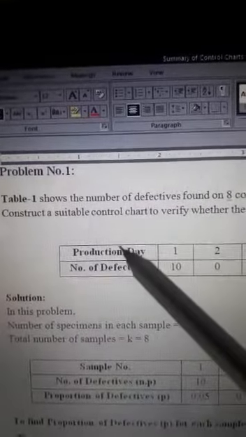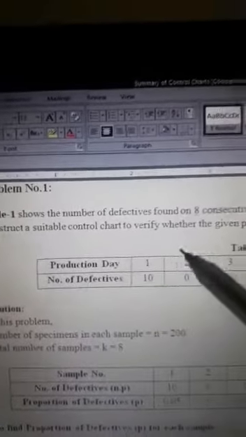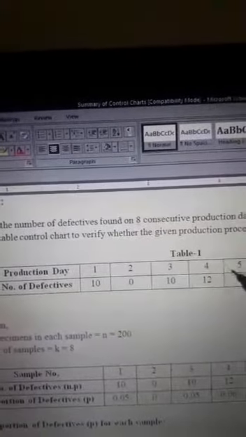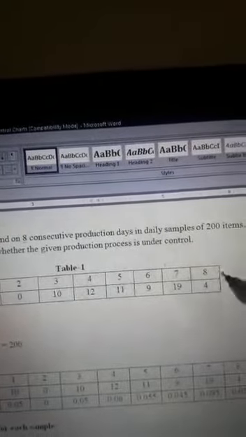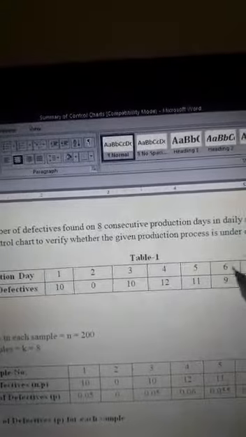So these are nothing but sample numbers: sample number 1, 2, 3, 4, 5, 6, 7 and 8. That's why they have told 8 consecutive production days in daily samples.